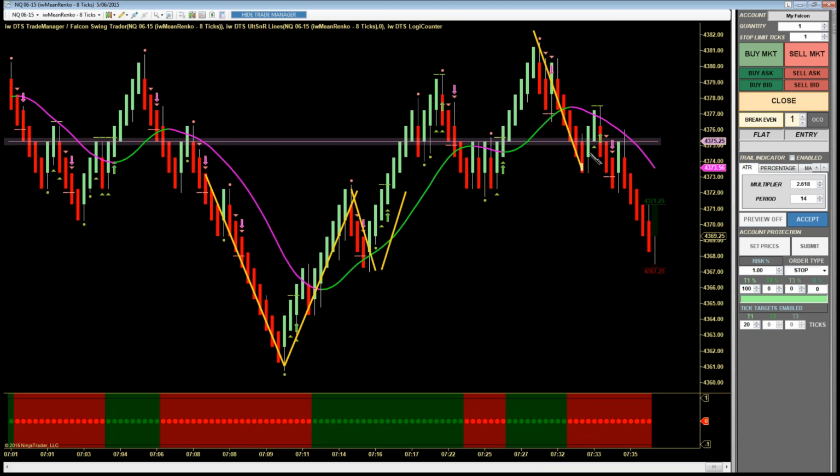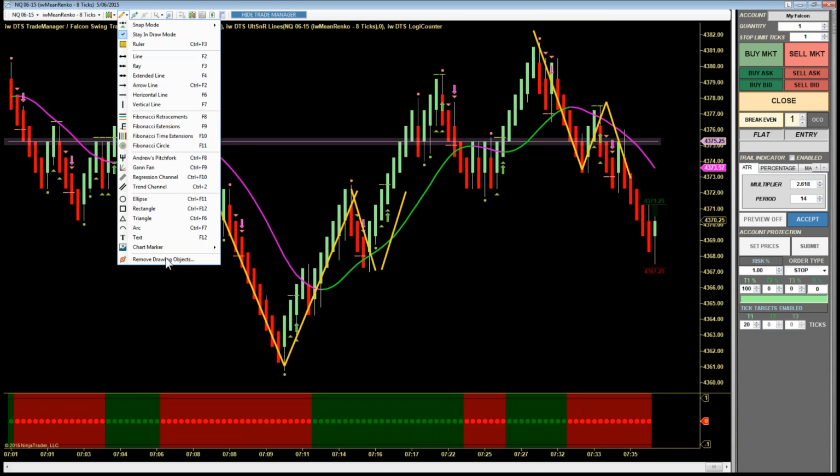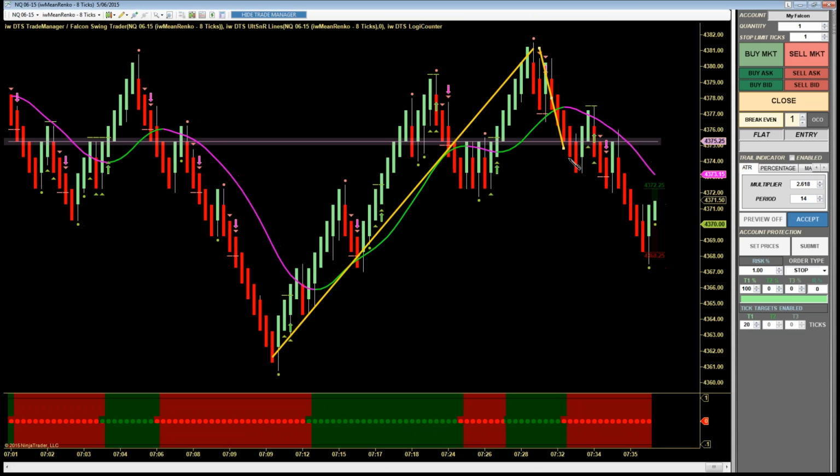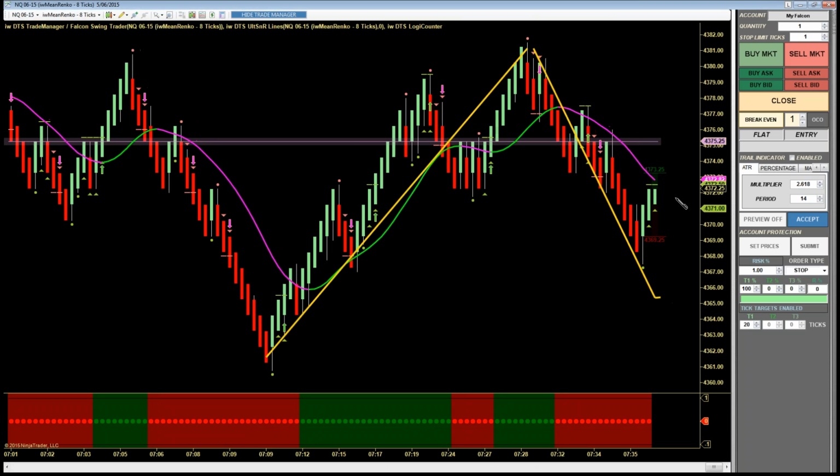Likewise, this is the test of the extreme to the upside because I printed a trend change signal, even though it's very, very slight. Now you can also take the point of view that this is potentially a larger test of the extreme.